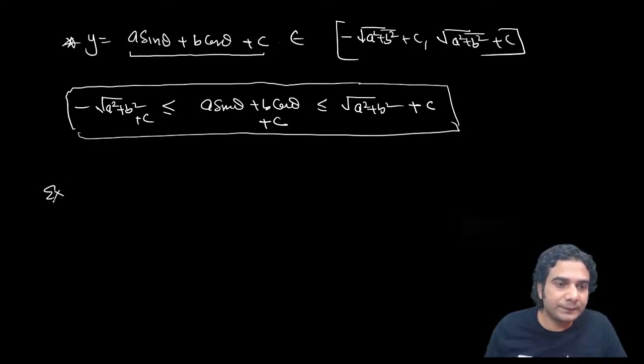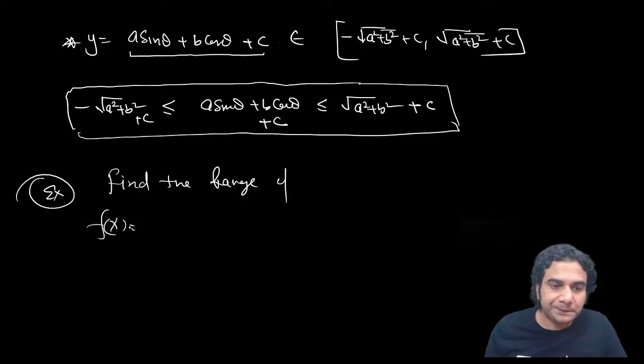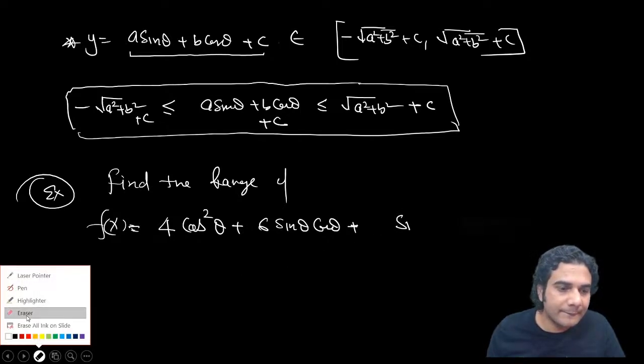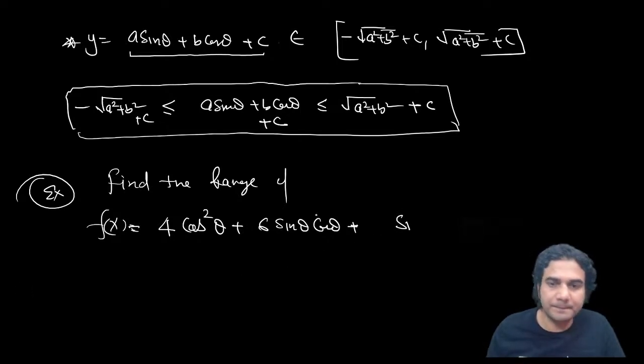For example, find the range of f(x) is equal to 4 cos square theta plus 6 sin theta cos theta plus 10 sin square theta minus 5.